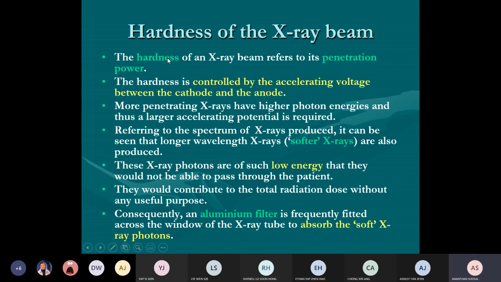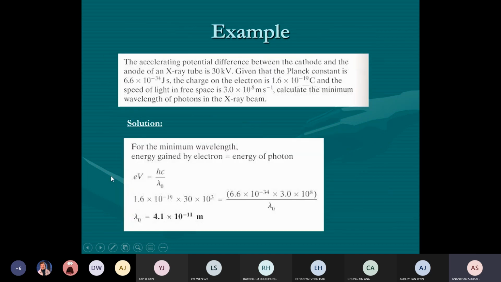Next time they ask what is meant by hardness, you say it is the penetration power of the X-ray. Then soft X-rays need to be blocked, so we use an aluminium filter. The formula to calculate the minimum wavelength is eV = hc/λ.